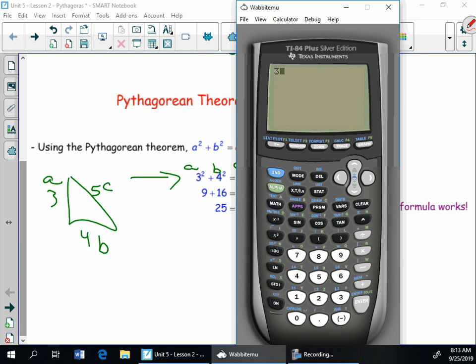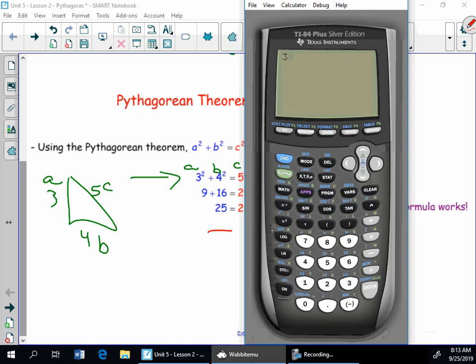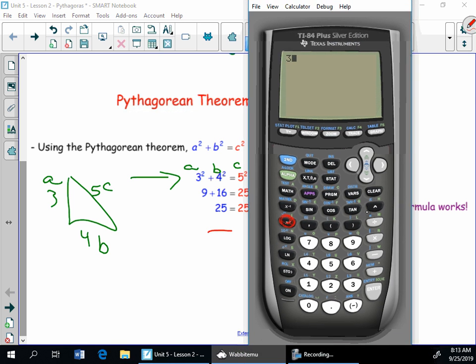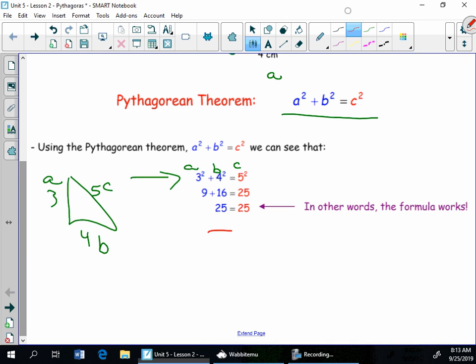There's one right here. Or you can use your exponent button, that's the one up here, the power of. That's how we can square things. So we can do 3 squared, comes out to 9, plus 4 squared, which comes out to 16. Add them together and it comes out to 25, which happens to be the same thing as 5 squared.